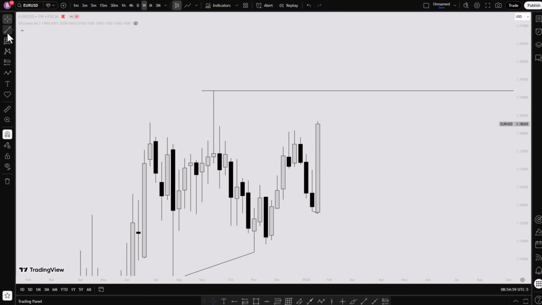And we have what we call the change in the state of delivery. So next week, we want to see price either expecting this change in the state of delivery and continue bullish, or we can use the same concept by marking the range and identifying the upper half.